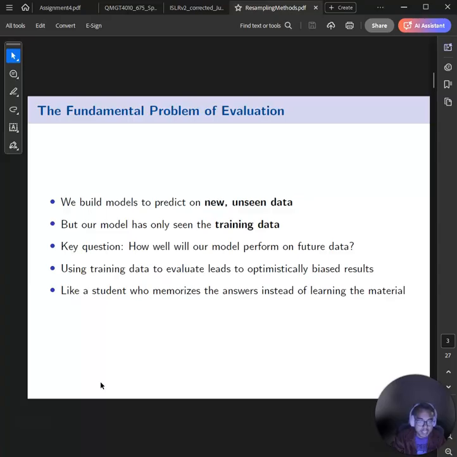They might ace a test with questions they have seen before, but they will probably struggle when the questions are new. What we really want to know is how well will our model generalize to future data, and resampling methods help us understand this critical question.